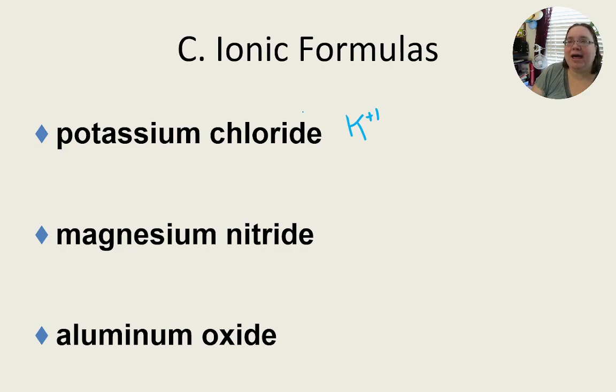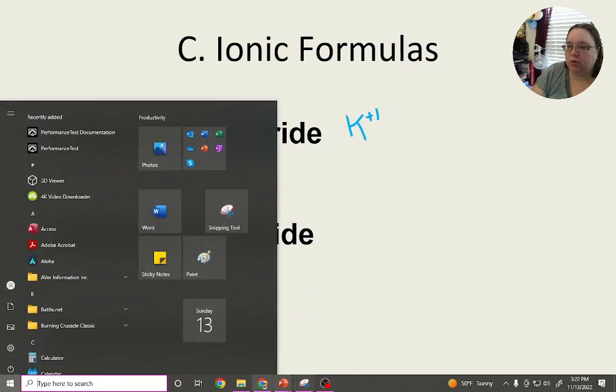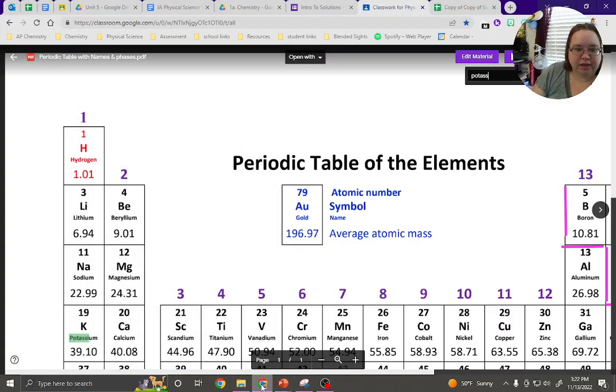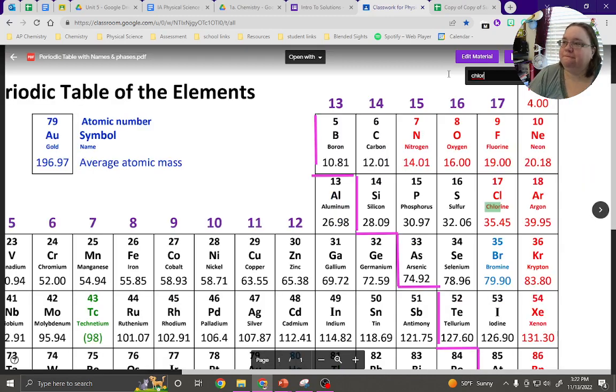So chloride, well, that ending changed, so it's not going to help me any. So I'm going to look for the element that begins with chlor. Bring up my periodic table, delete the potass, and type in chlor, C-H-L-O-R, hit enter, and it jumps to the right side of the screen and highlights it in green. So chlorine became chloride.